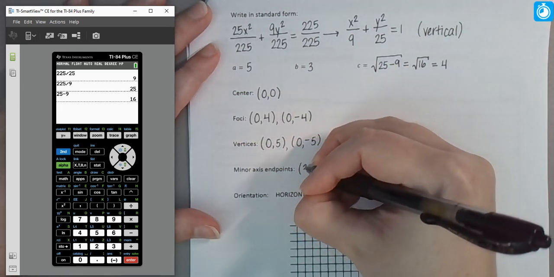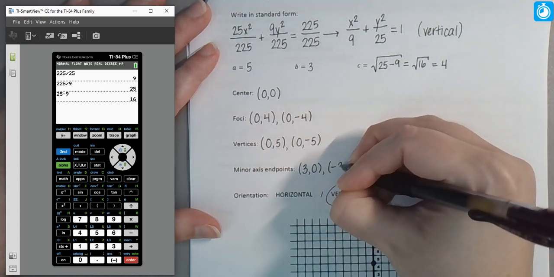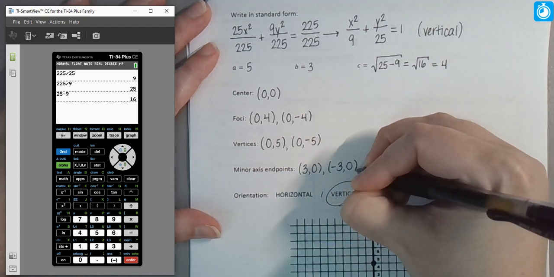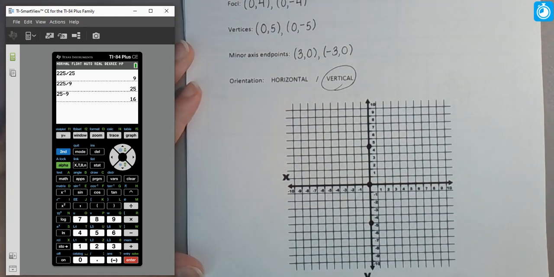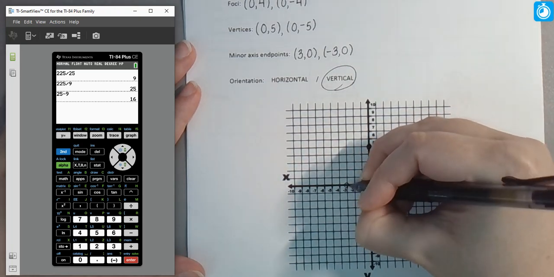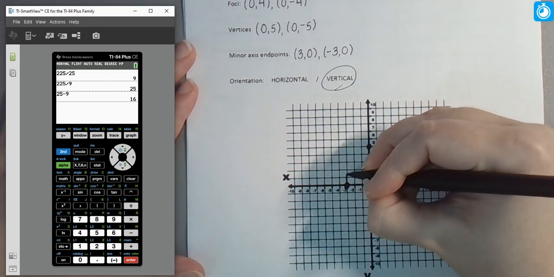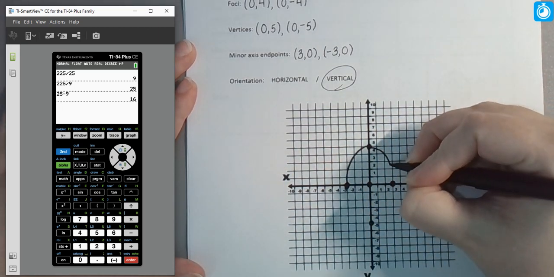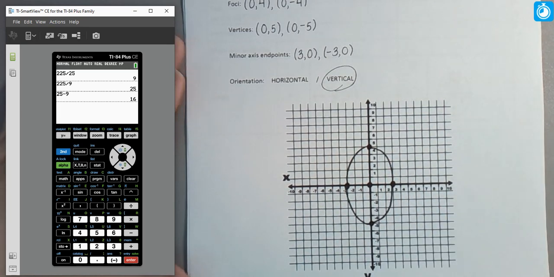So that's going to be 3, 0, and -3, 0. And so I'm going to add those to my graph. So 3, 0, and -3, 0. Then I connect my dots, and again, it's kind of a football shape, and there's our ellipse.